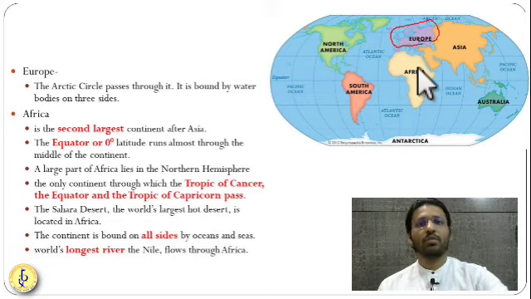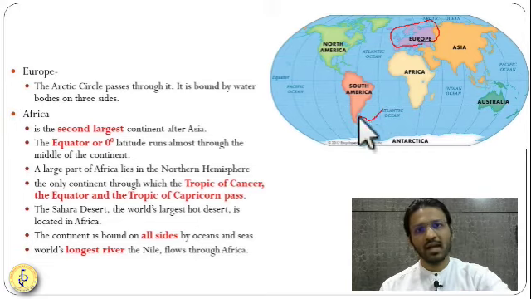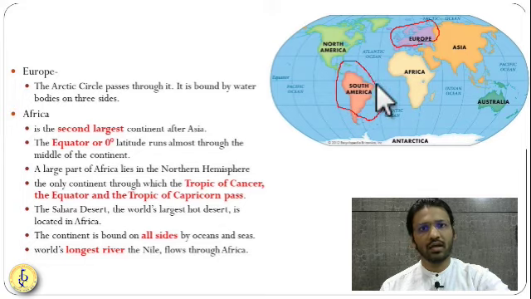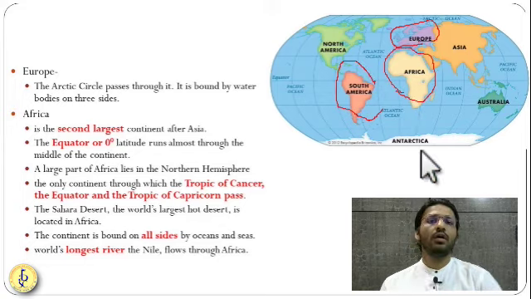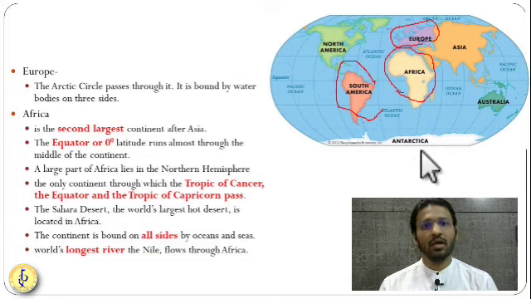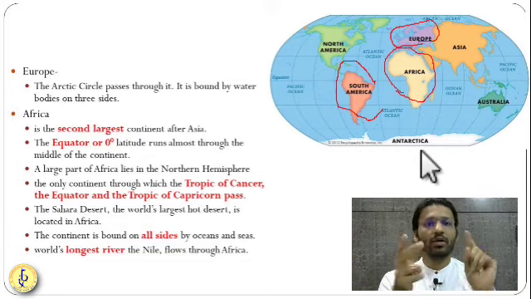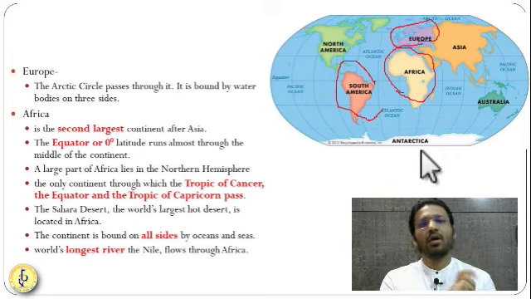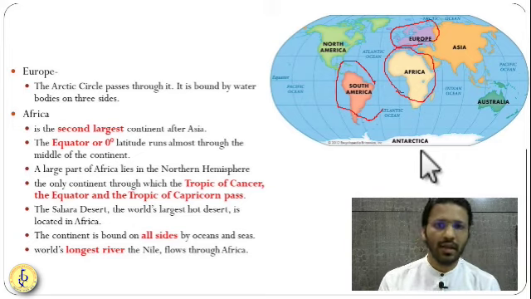After that, the most important continent, the second largest continent, is Africa. Sorry, not here. Here, Africa, the yellow colored one. So Africa is the second largest continent on the earth. Africa is the only continent through which the equator, the Tropic of Cancer, and the Tropic of Capricorn, all three important latitudes, are passing.